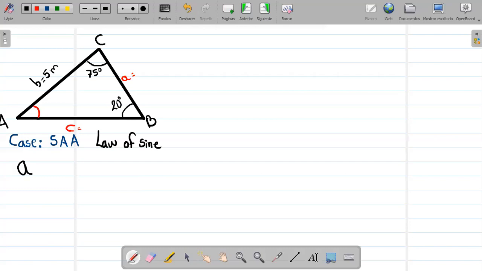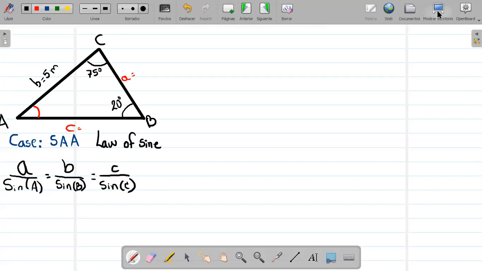It works like A over sine of A. Then B over sine of B. Calculators in your hand, please. Then C over sine of C, of course. Okay, that's what we have.